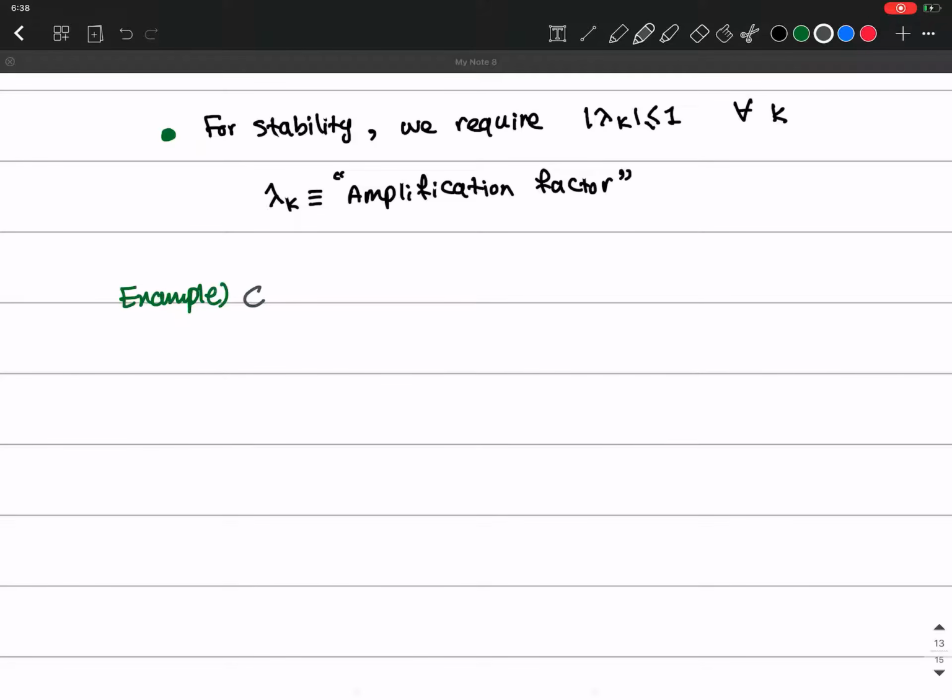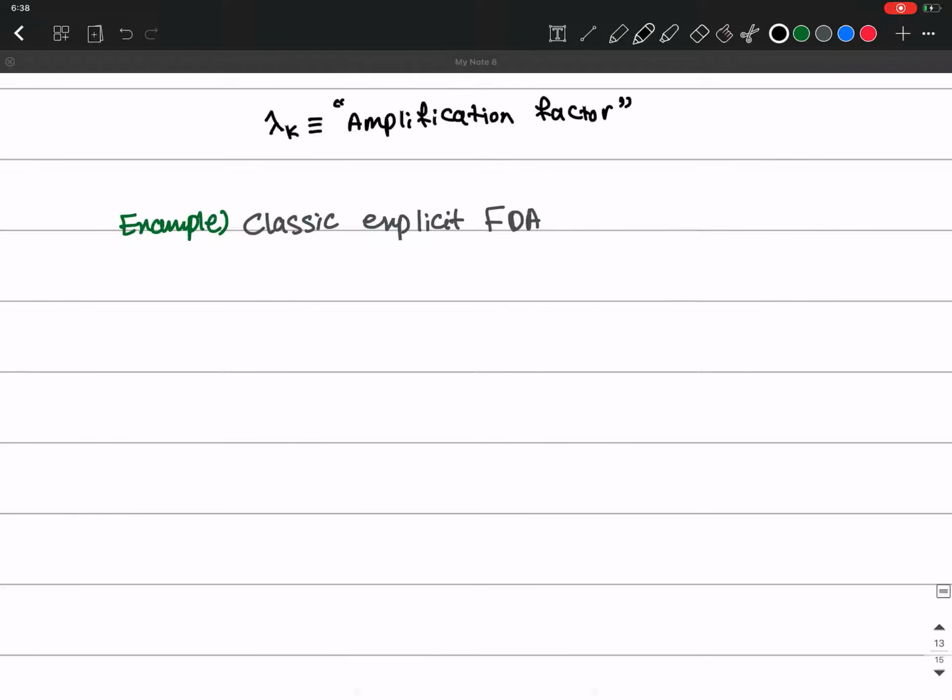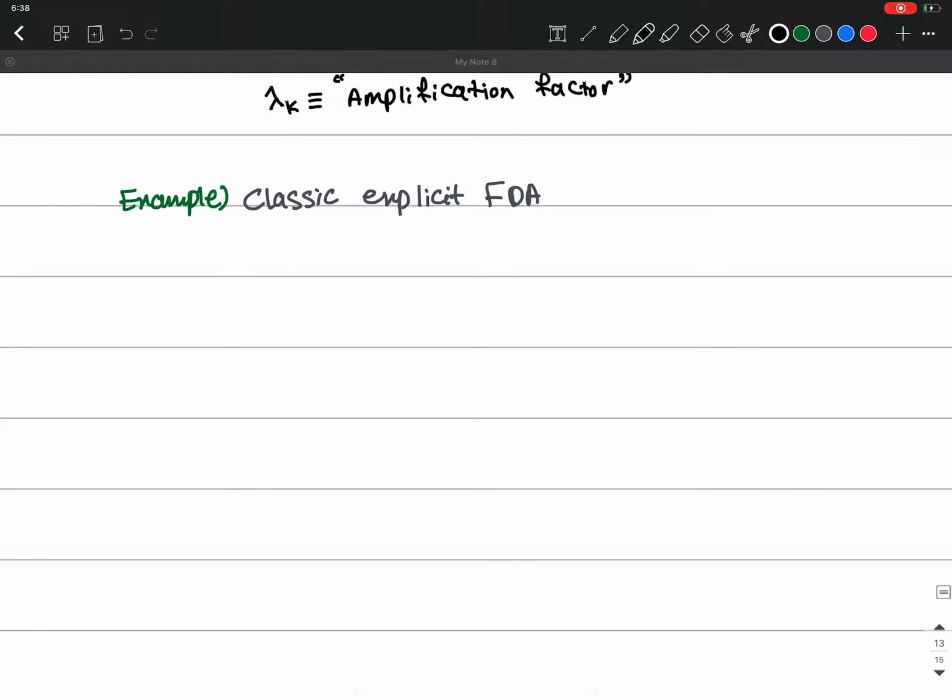Classic explicit finite difference approximation, and I want to find a stability criteria for that.